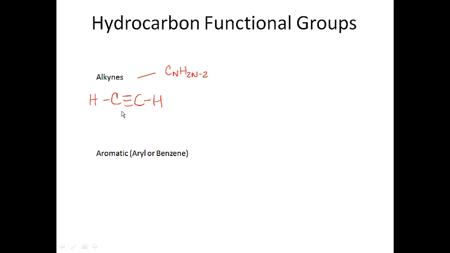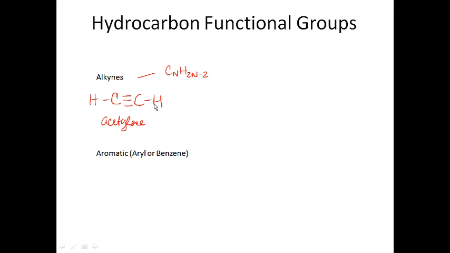So here's a simple molecule. This is called acetylene. If you've ever seen acetylene torches, it's used as a highly combustible fuel in welding torches because it burns at a very high temperature. Acetylene is C2H2, and it has a carbon-carbon triple bond. Now, there are no geometric or cis-trans isomers available for acetylene.